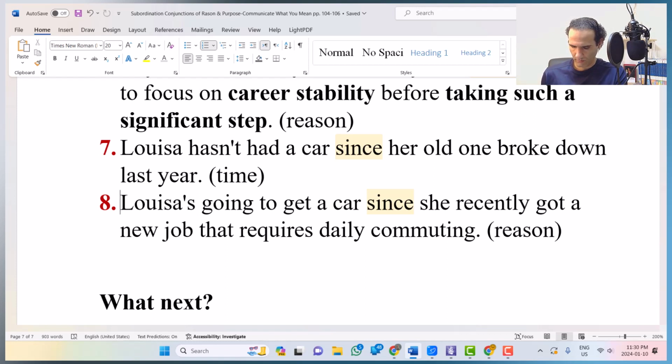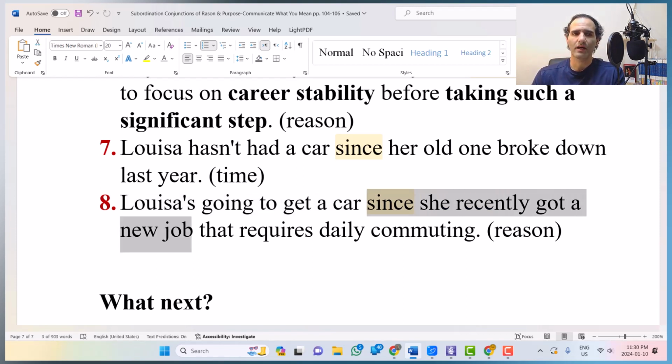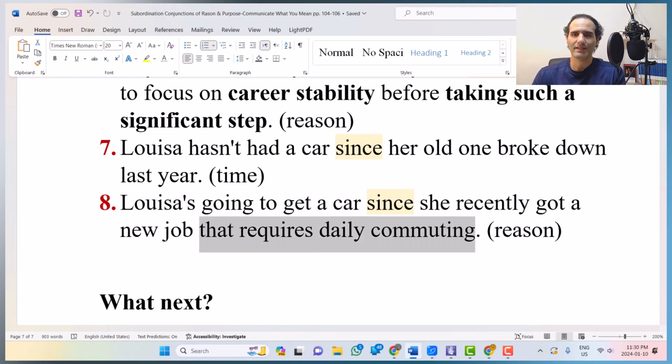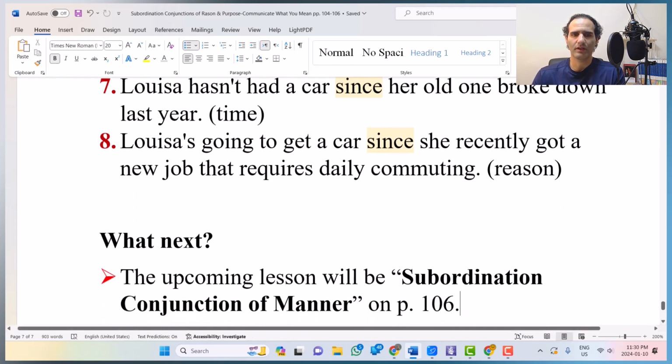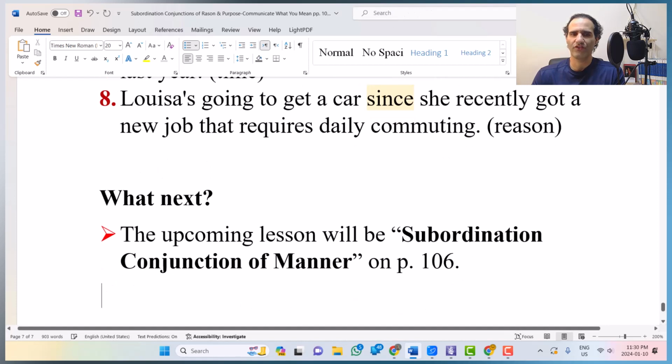And number 8, Lisa's gonna get a car since she recently got a new job that requires daily commuting. Talking about reason. Okay, so you don't find this that difficult, and luckily the part finished.